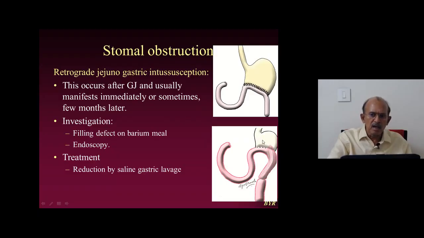The saline will cause hydrostatic pressure over this bowel, and this invaginated bowel gradually gets retreated out. If it is not successful, you have to reduce it after laparotomy. Do laparotomy and then slowly pull out the bowel which was invaginated.